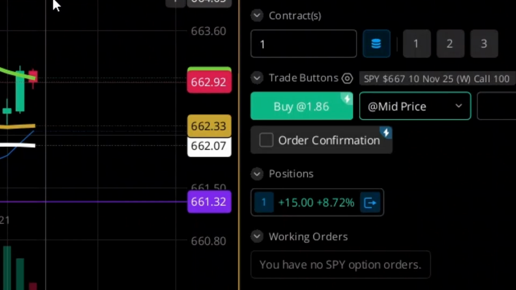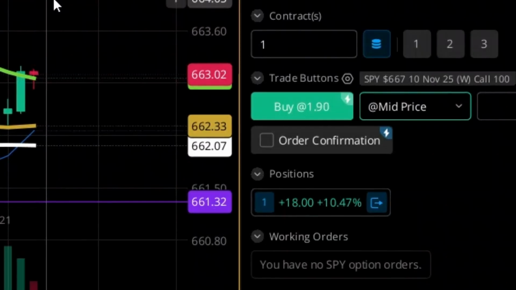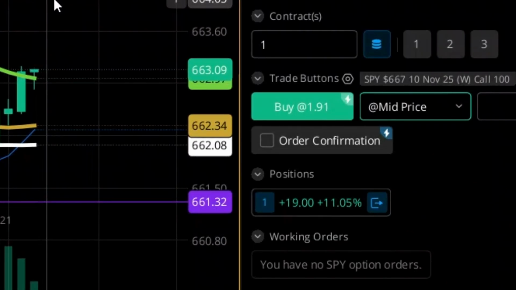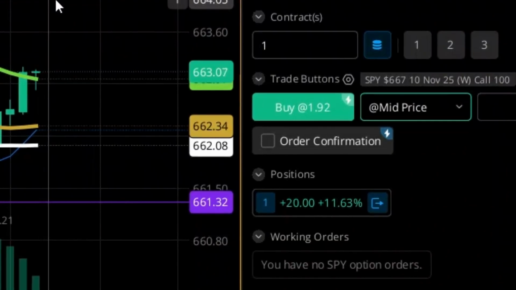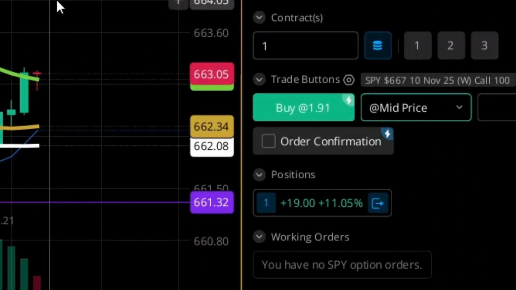You can allow the second contract to run for another 10%, another 20%. So you take profit on the first contract, you allow that second contract to move further into profit, and then you can choose what will be your rule for taking profit on that second contract.